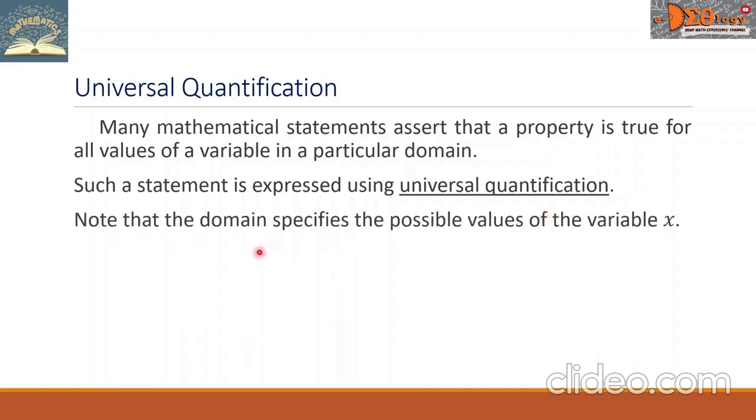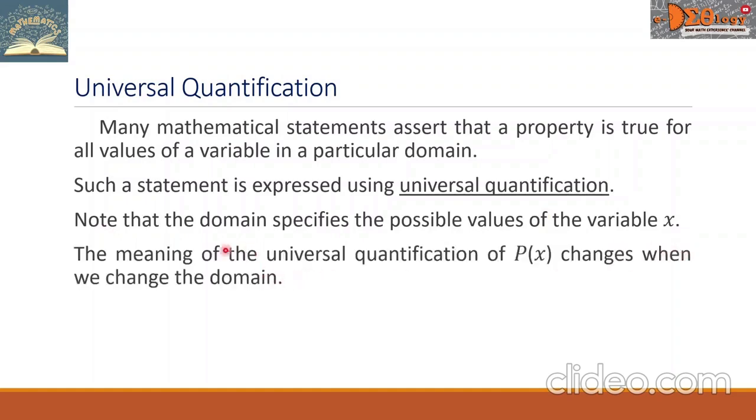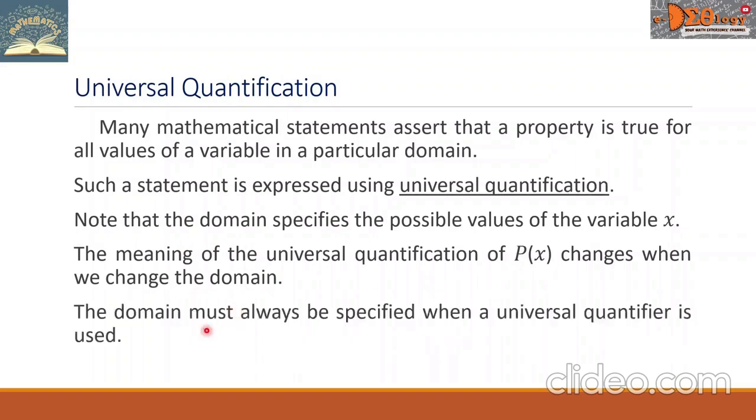Note that the domain specifies the possible values of the variable x. The meaning of the universal quantification of p of x changes when we change the domain. The domain must always be specified when a universal quantifier is used.